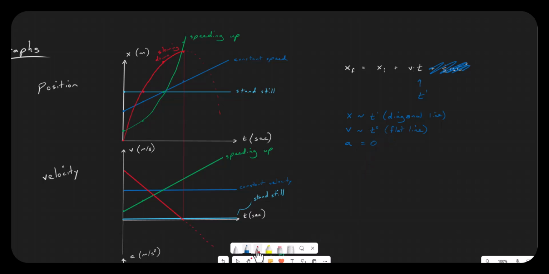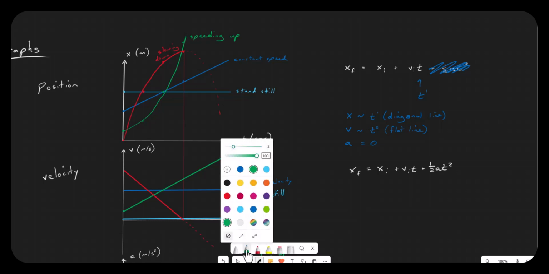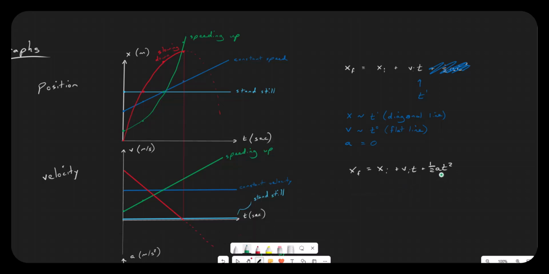If I don't have that term missing, so if I have like the whole thing, right? X final is x initial, v initial t, half a t squared. In this one, my highest power on t is right here, is a t squared. So my x looks like a t squared.